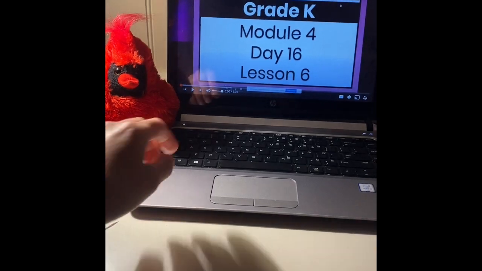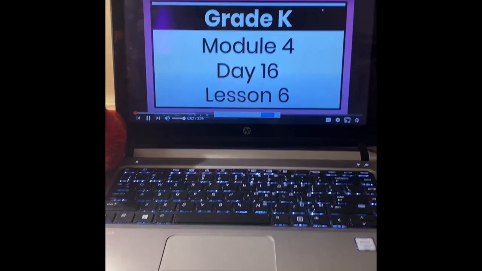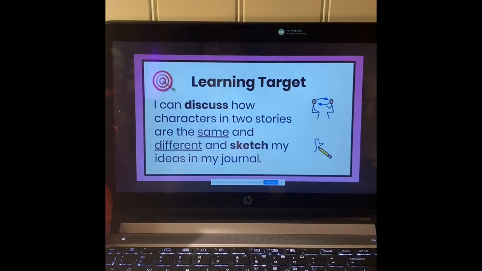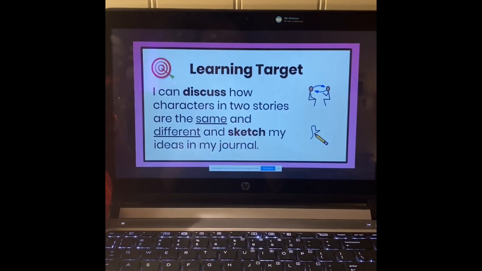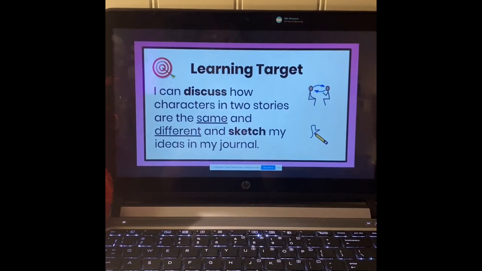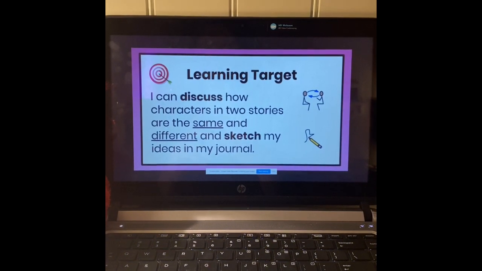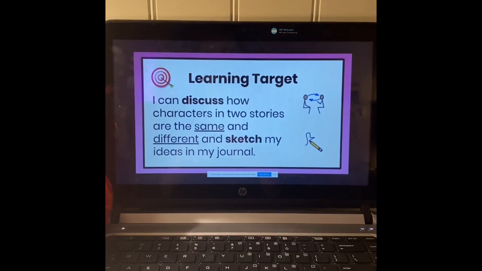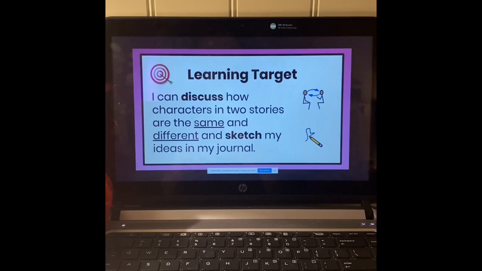Okay, friends, let's get started. Hello, kindergartners. Today, our learning target is I can discuss how characters in two stories are the same and different, and sketch my ideas in my journal. Now you read it with me. I can discuss how characters in two stories are the same and different, and sketch my ideas in my journal.